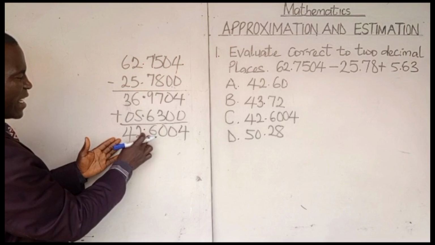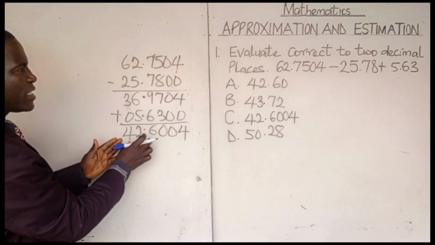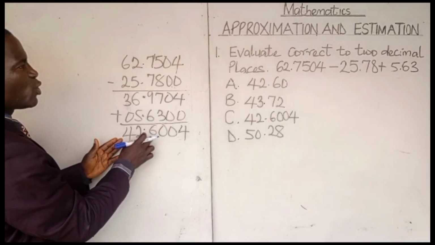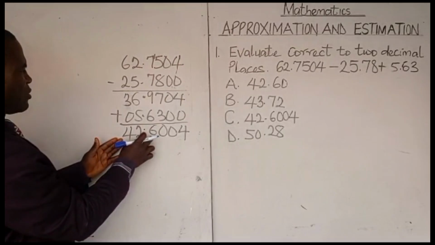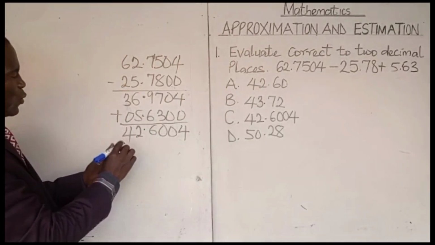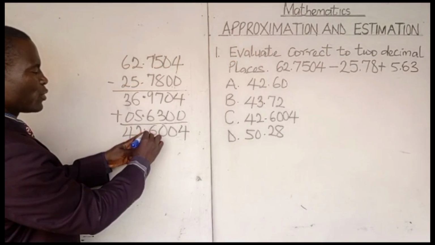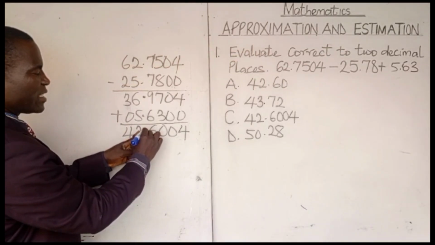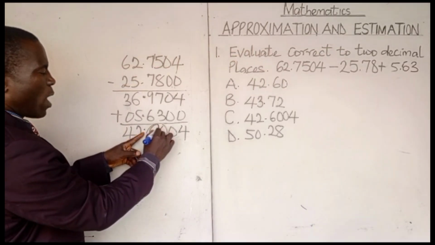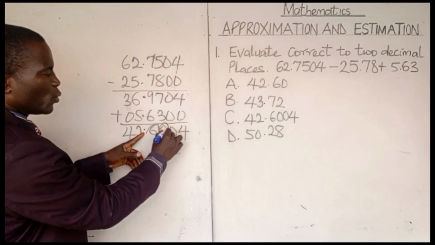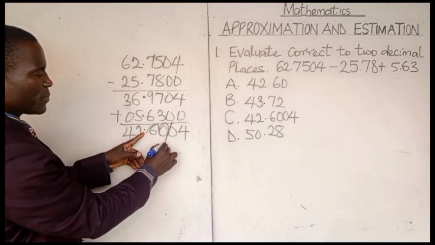So this figure that is here, we are to approximate correct to two decimal places. We are going to start the counting from the decimal point, and then we'll proceed to the right hand side. If we move now, 1, 2, we are going to stop at this point.